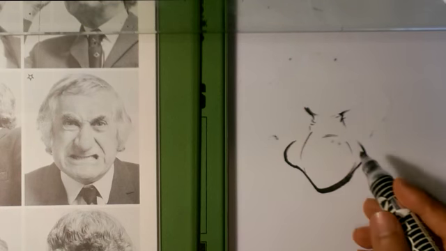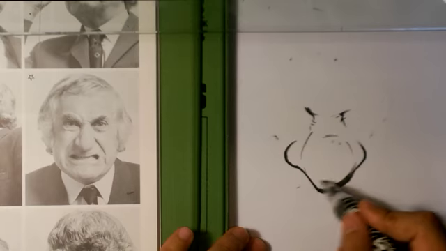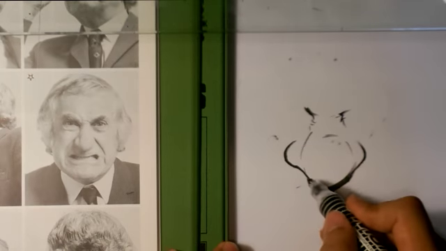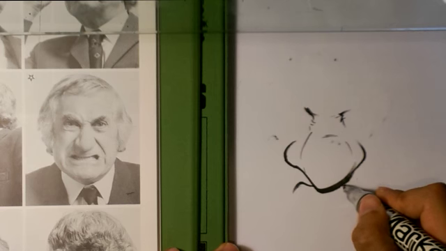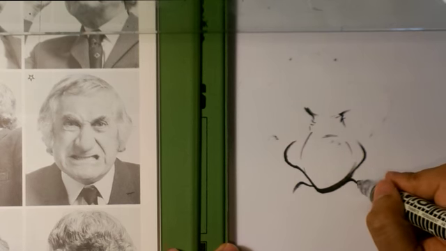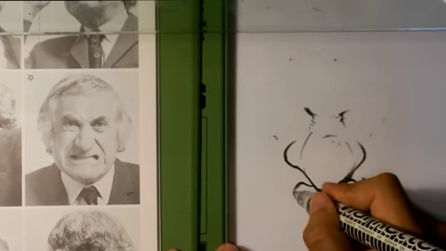Start with the nose, and here's an example of exaggeration. See the way his mouth curls up like that? I'm gonna pull that under his nose, even though in the picture it's not like that. I'm gonna make that curl under his nose, showing like his nose would look even bigger if I do that.